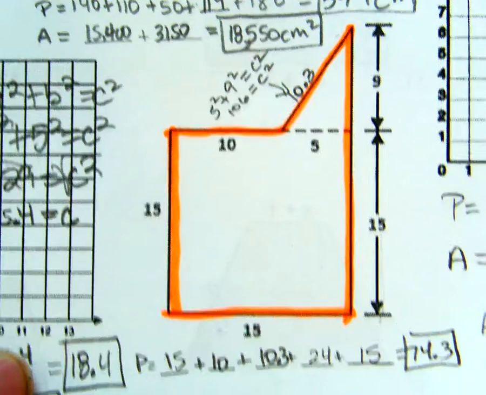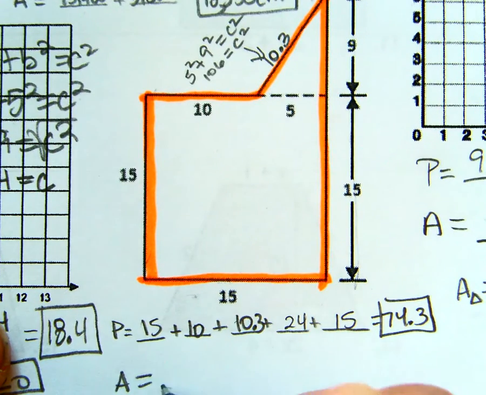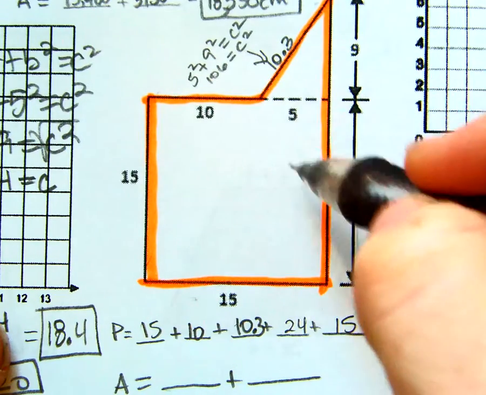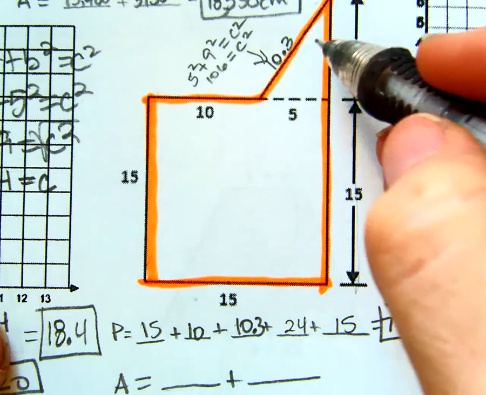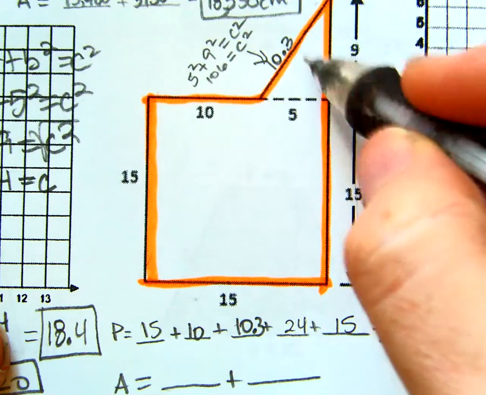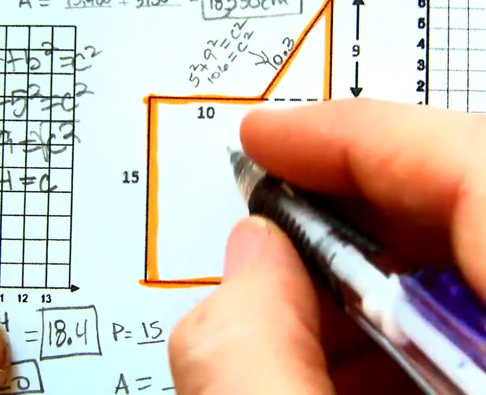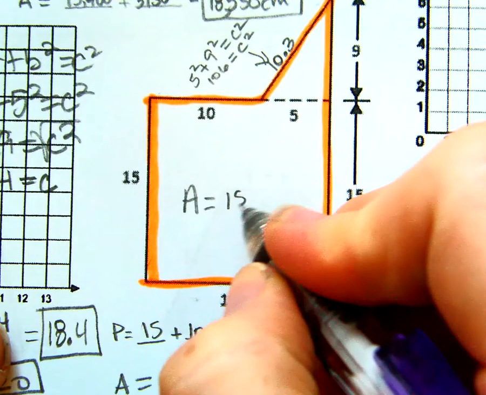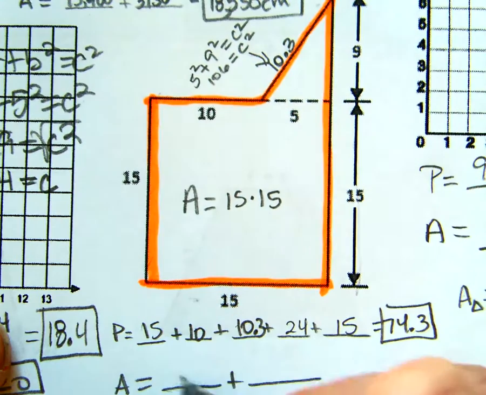And then area, again, area is a little easier here. We're just adding up these two numbers, area of this rectangle, or actually square in this case because it's 15 by 15, plus area of this triangle. So area of the rectangle is just base times height. So that's 15 times 15, which is 225.